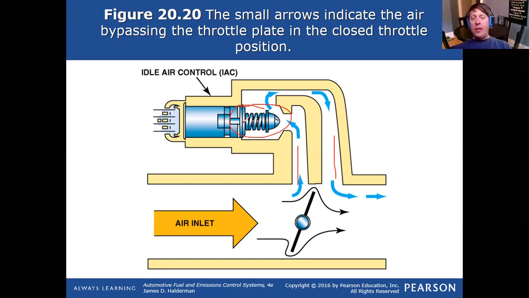So in OBD2, 1996, we started monitoring these circuits and watching RPM of engine speed. And so you started getting trouble codes for idle speed control faults, and it would point you to some sort of circuit issue like idle air control.